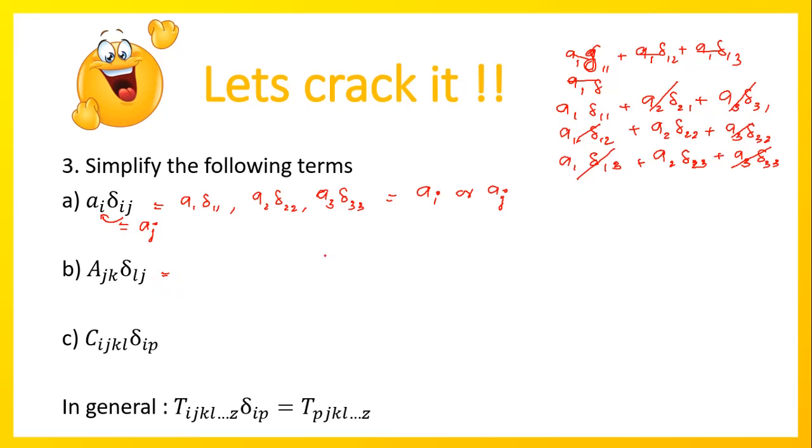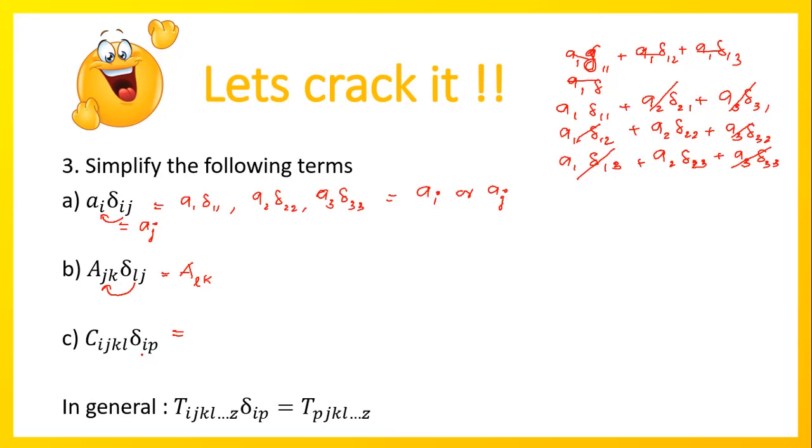From this we can reduce to the terms. Here when you come across a symbol delta lj and here you have a j, it is okay to replace this j with l, and this simplified form will become a_lk. And when you expand this equation also, you are going to get the same.